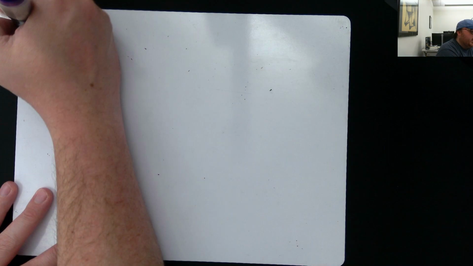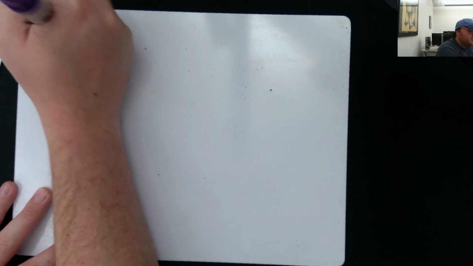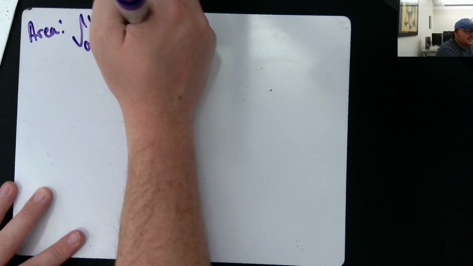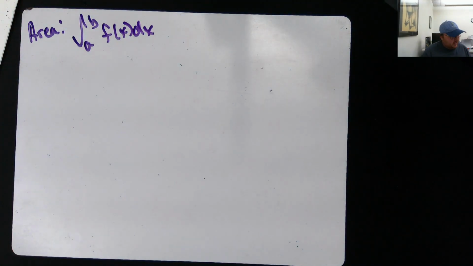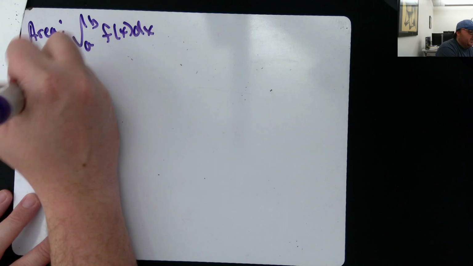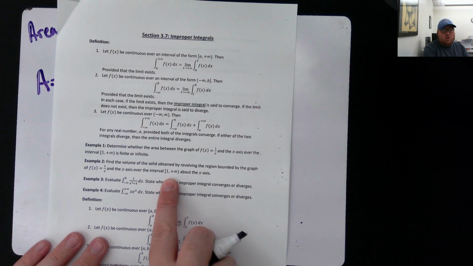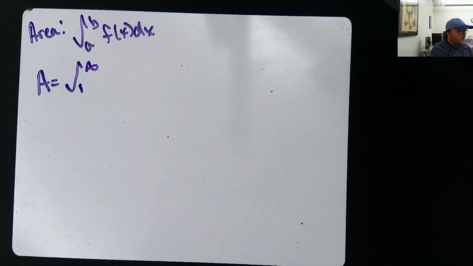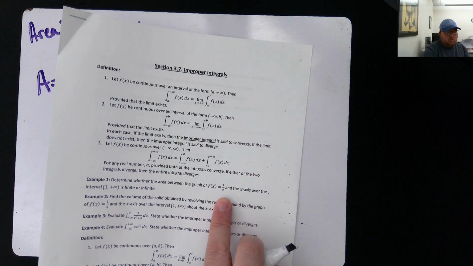So remember, we learned this in Cal 1 and then at the very start of Cal 2. Area under a curve is the integral from a to b of f of x dx. So I'm going to use that. So here, area is going to be equal to the integral. The region is right here, 1 to positive infinity. And my function f of x is 1 over x.